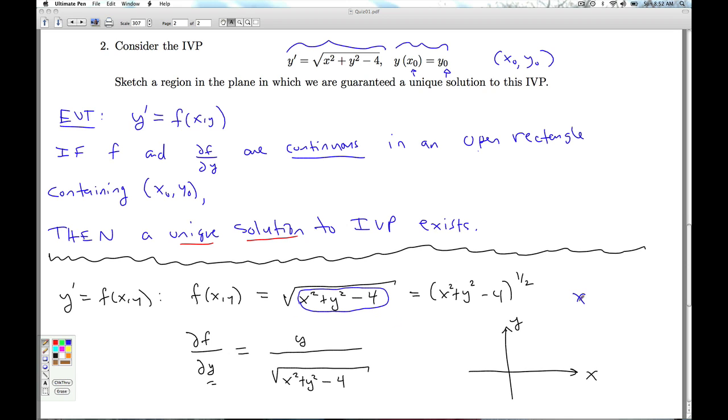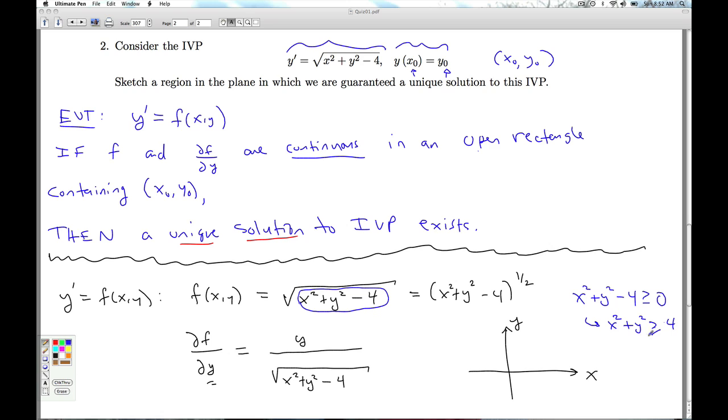So I need x squared plus y squared minus 4 to be bigger than or equal to 0. In other words, I need x squared plus y squared greater than or equal to 4.